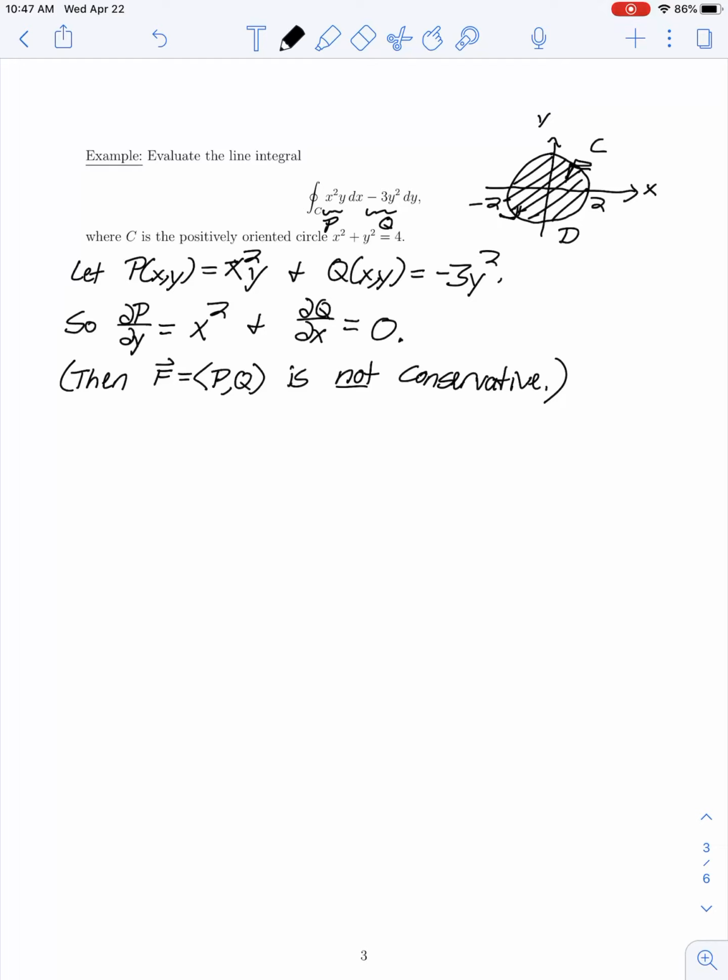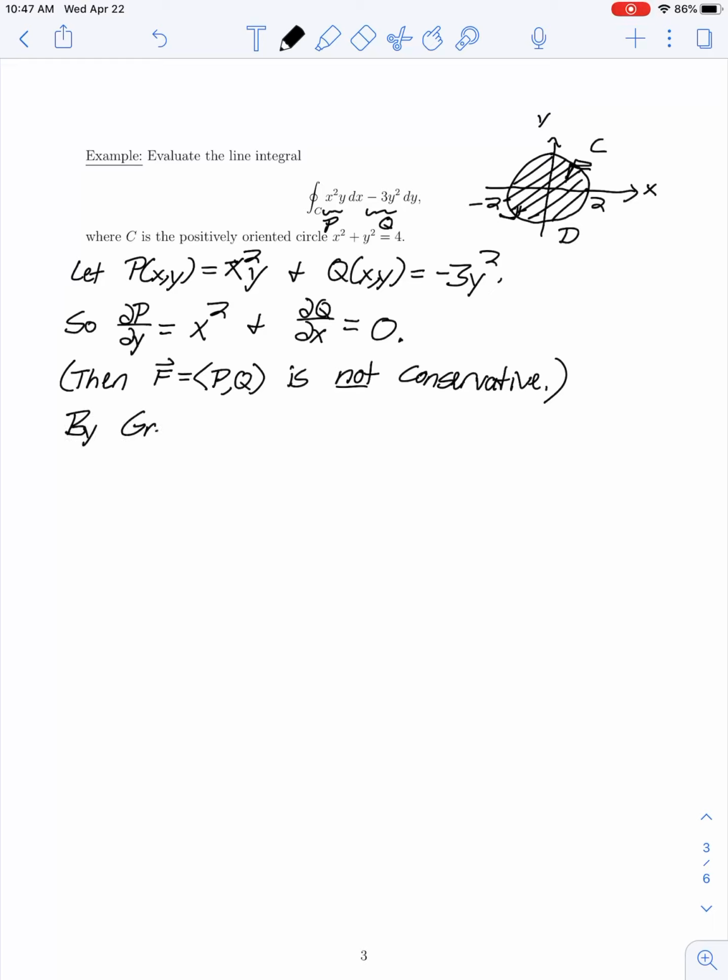If we don't know immediately that this line integral over the closed curve is 0, rather than parameterizing this closed curve, making use of polar coordinates, maybe we could more easily evaluate a double integral over this disk.